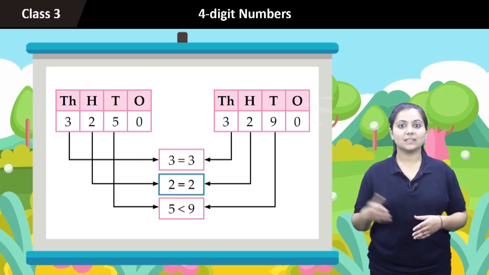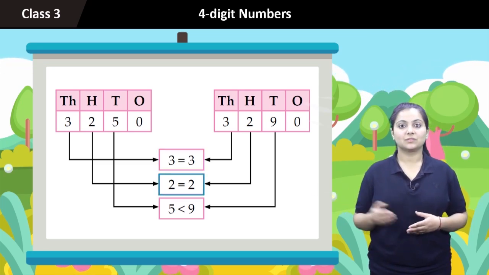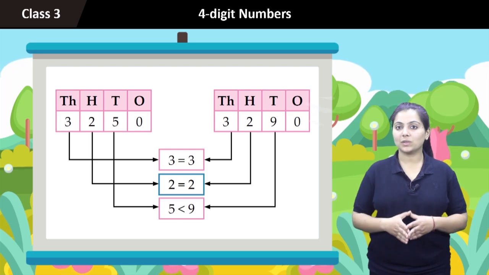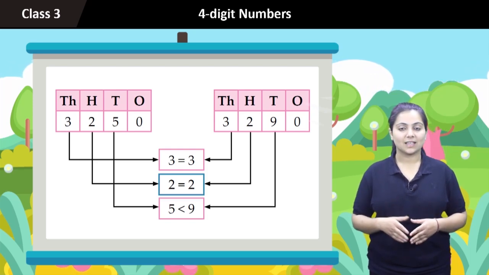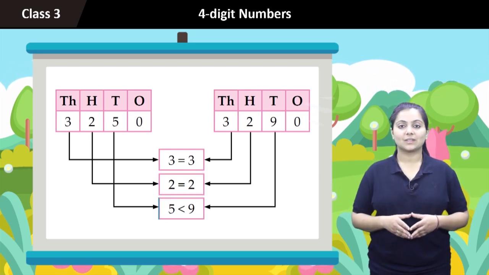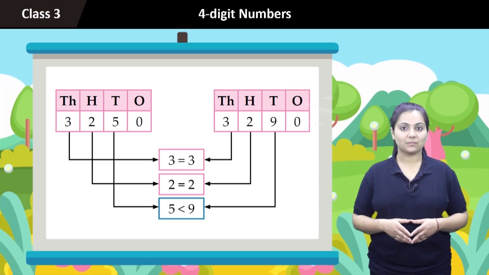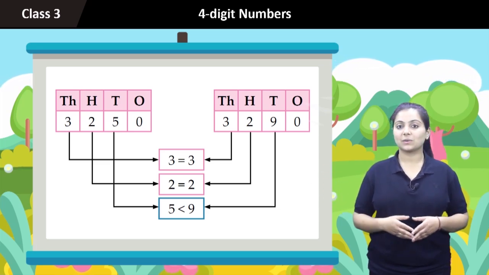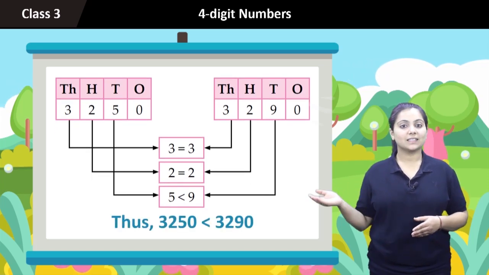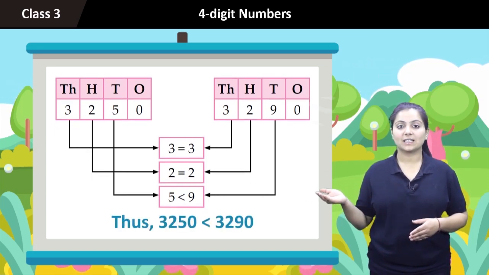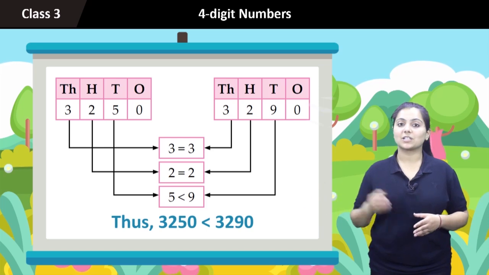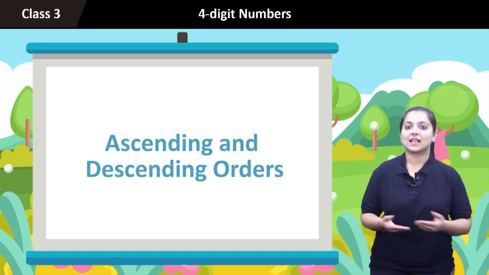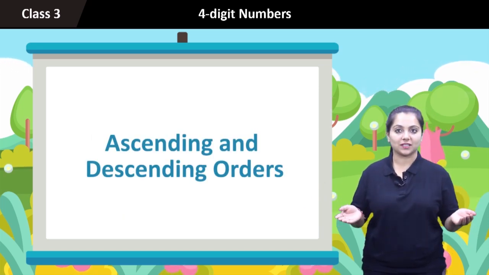Now let's compare the hundreds value. 2 and 2, both sides have 2 at the hundreds place, they are equal. Now let's compare the tens value. 5 and 9. So 9 is greater than 5. Thus 3250 is smaller than 3290.